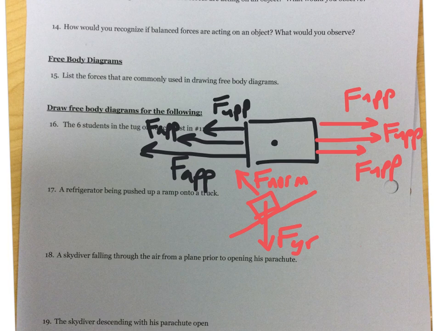And if we're actually pushing the refrigerator up, then we're going to have an applied force going up the ramp. And we're going to have a small frictional force going in the opposite direction of our applied force. So that's kind of what our force diagram would look like for that.